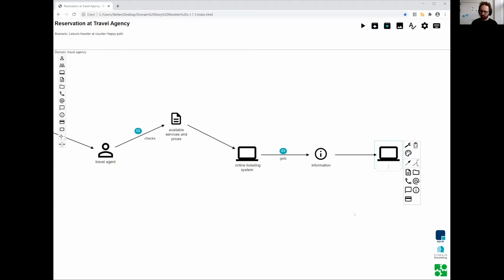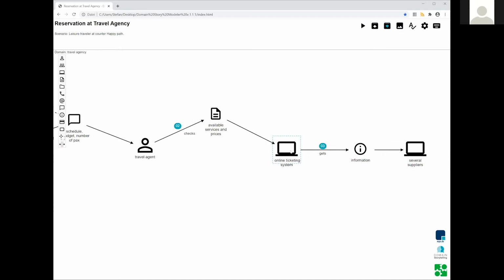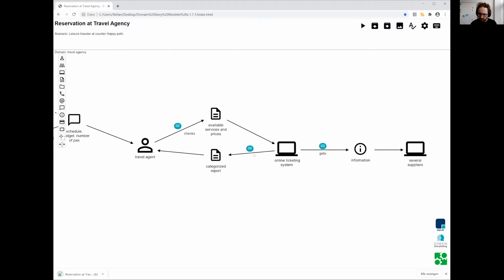So for the moment, I would say it's fine to say suppliers, maybe even several. It's not just one system, it could be several. And it gets information from them, right? Yeah, and when the system gathers all the information, it integrates them as a simple categorized report. Categorized report. I will choose a document icon for that again. And you said integrates.